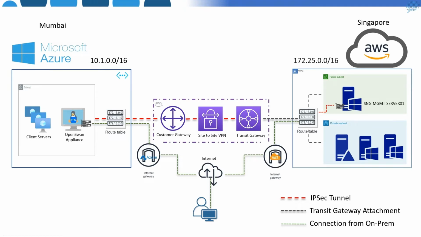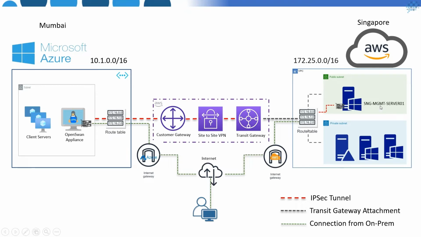For easy understanding, this is a site-to-site VPN demonstration, so I just named the site Singapore. But actually, considering latency, I have hosted the AWS VPC in Mumbai. If you look at the console, it will show you Mumbai. So regardless of the region, it still works the same. So hope you get it.